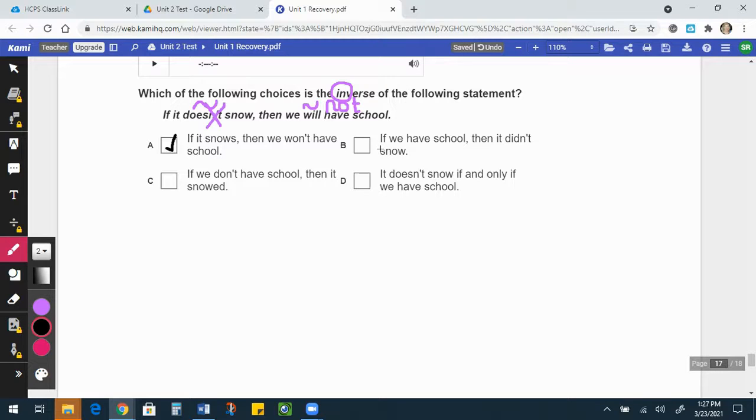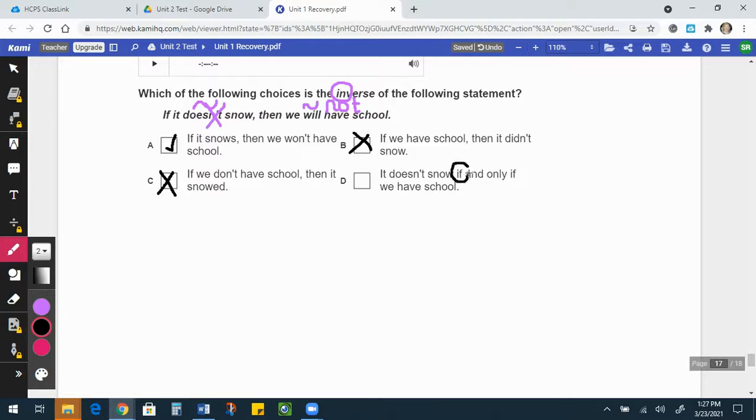All right, you got to check out the rest though. If we have school, well, y'all, that's the end. They switched it. For inverse, you do not switch it. If we don't have school, y'all, that's switched as well because having school was supposed to stay at the end. It doesn't snow if and only if we have school.